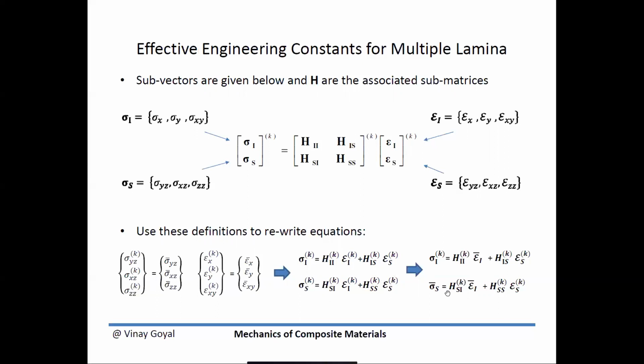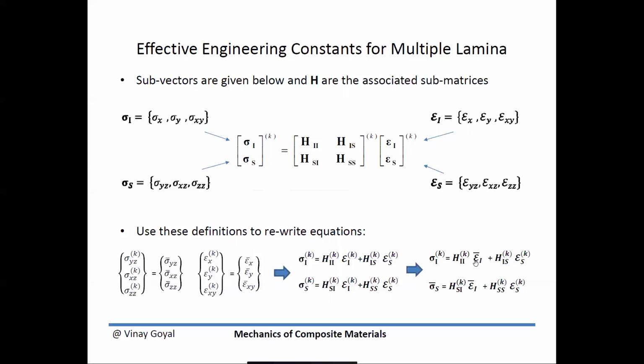I also know that for the second equation. We also notice that sigma S k, these through-thickness stresses, is the same for every ply and is homogenized in this manner. So I can quickly convert sigma S k, the bottom 3 here, into sigma S bar. So I have these 2 equations now.